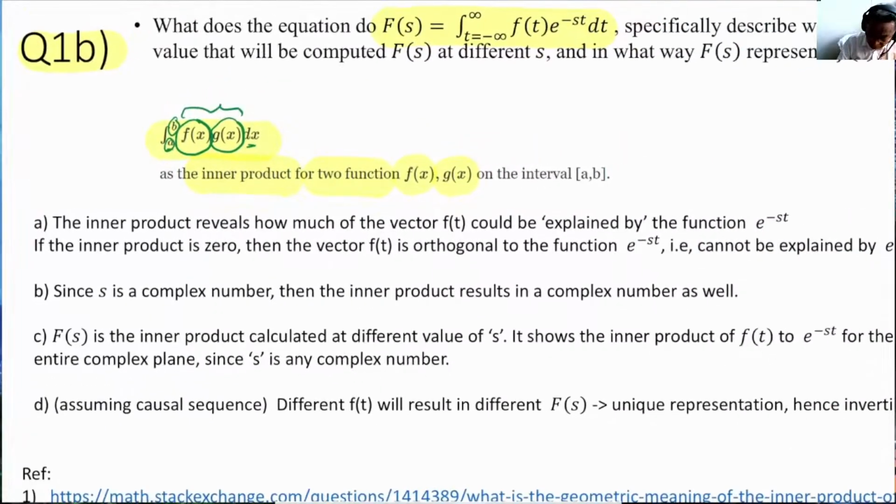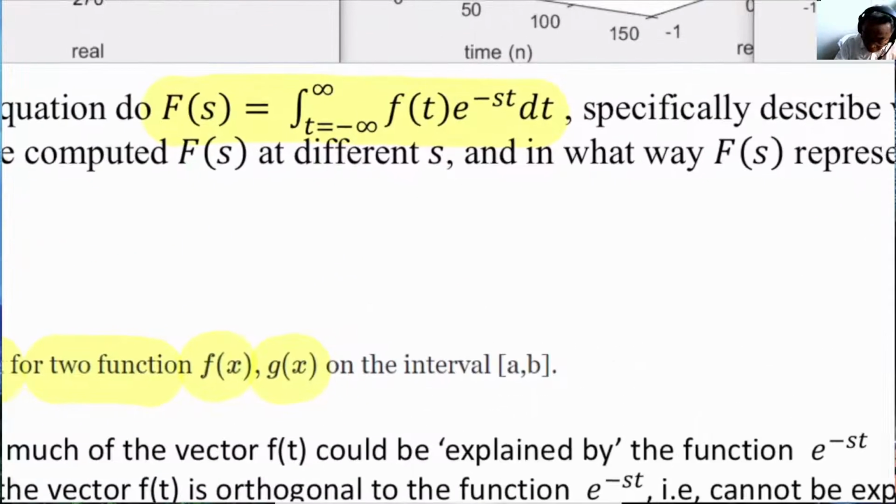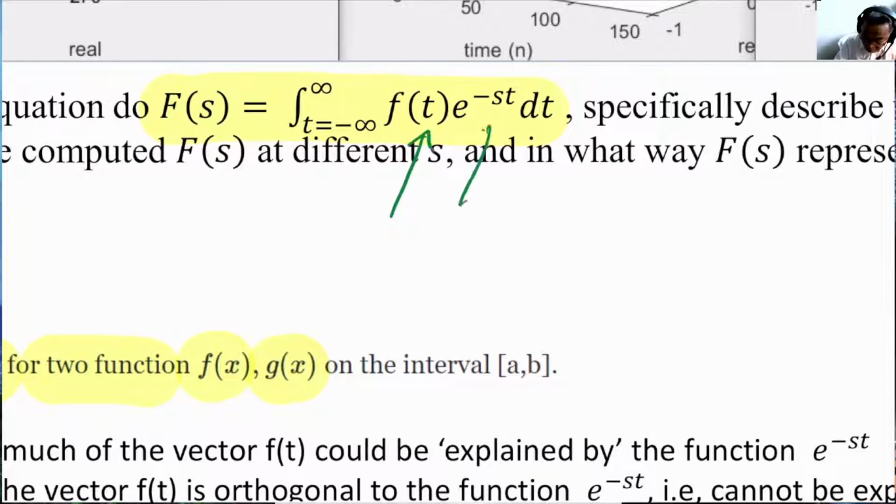Now the inner product of two functions basically tells us how one function, in this example f, is related to g. So in our case, we are examining how f is related to e^(-st) for different values of s.